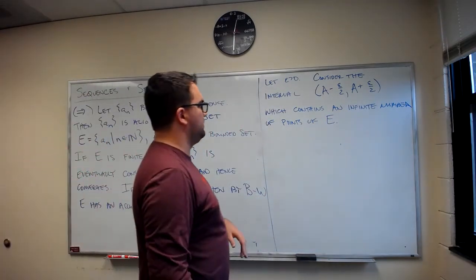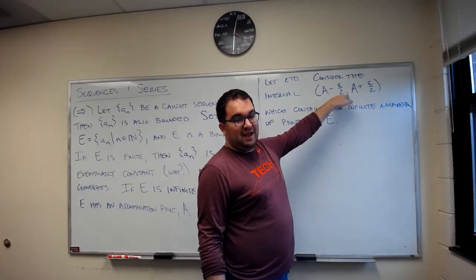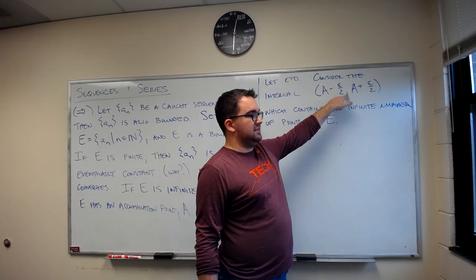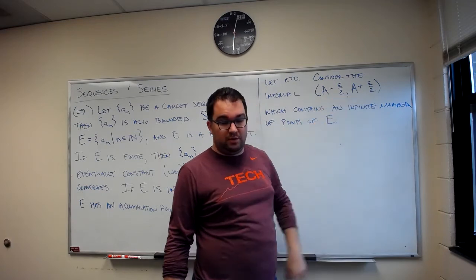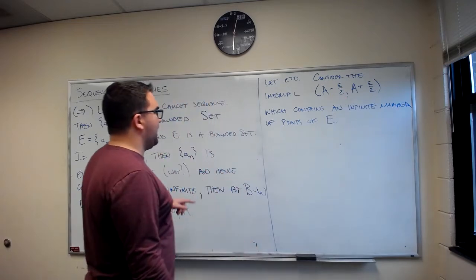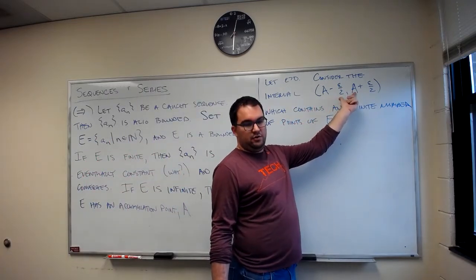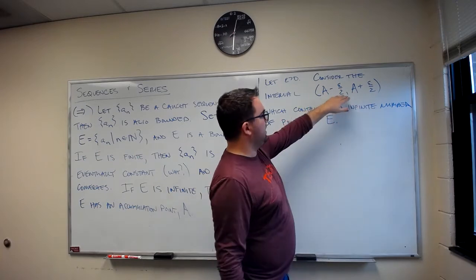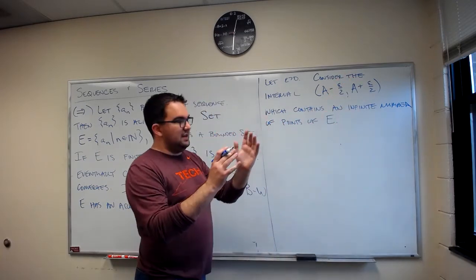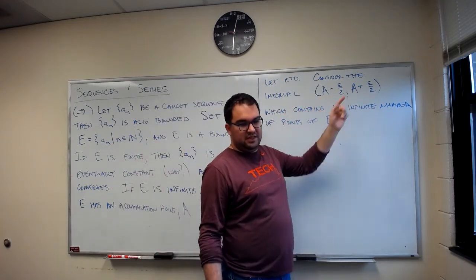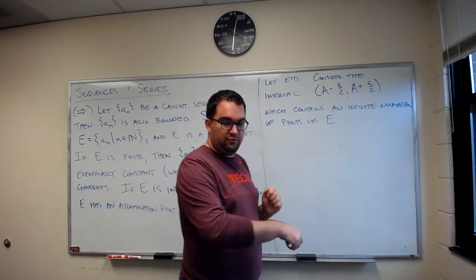So why does this interval contain an infinite number of points of E? Well, if we were just looking at this interval, the fact that A is an accumulation point tells me that this interval, because this is a neighborhood around A, it must contain at least one point of E. But right, I could create a whole bunch of other intervals that are contained inside here, right? So say you find some point that's in this interval, then I can take a smaller neighborhood that excludes the first points you found, but is still a neighborhood around A, and I could find a point inside there, and I could repeat that process over and over and over again.